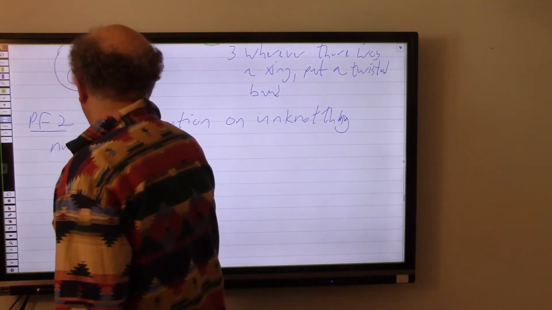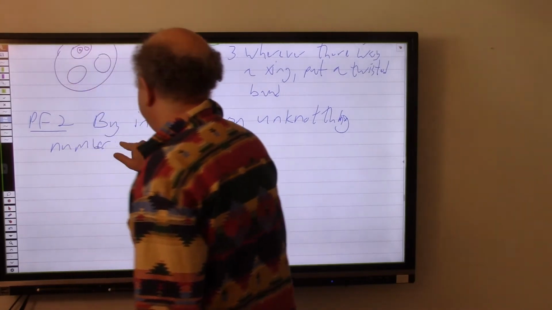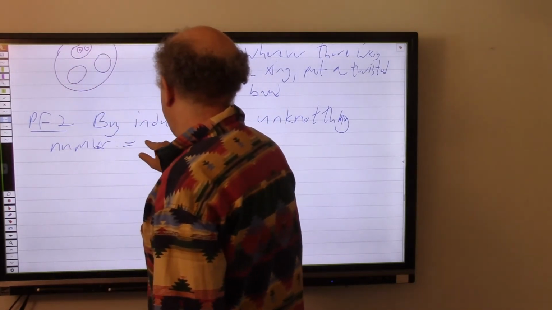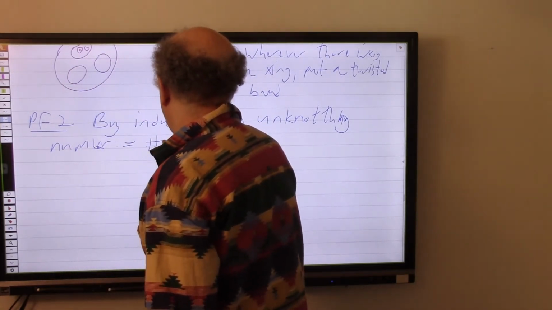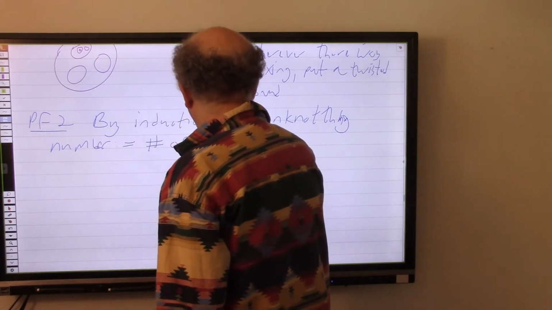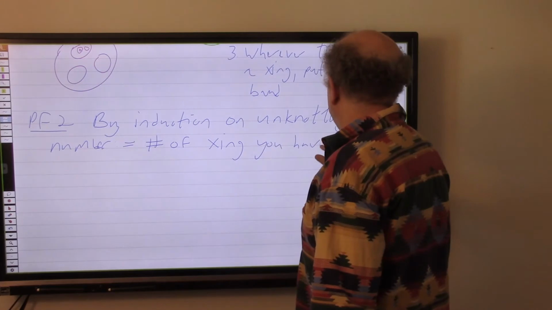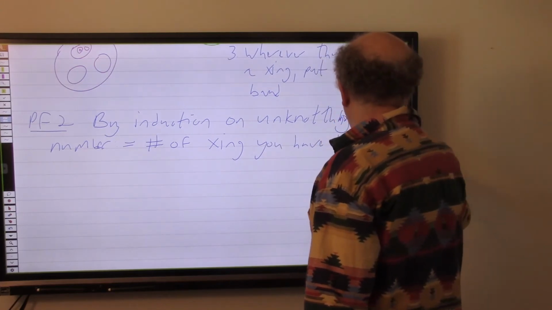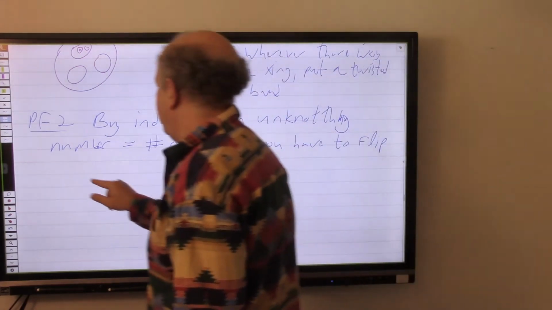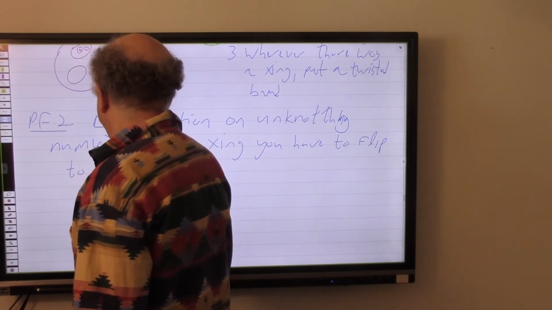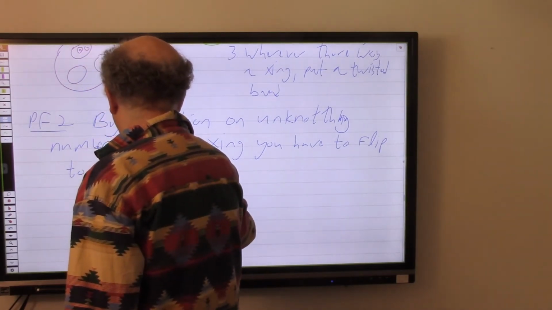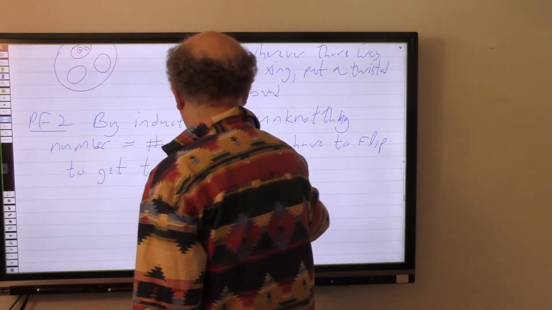So what's the knotting number? It's the number of crossings you have to flip to get to the unknot.